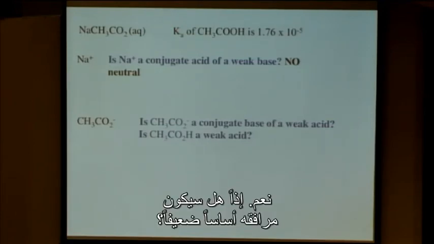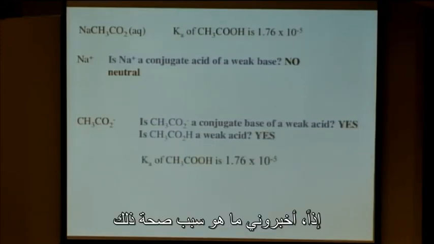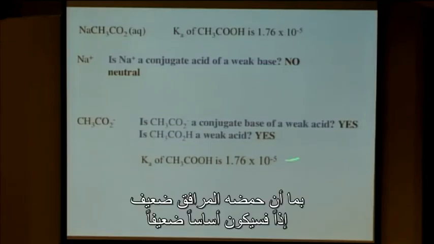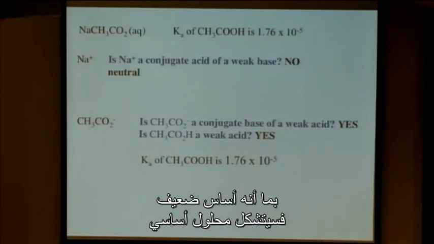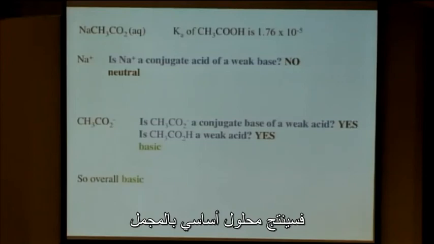So is its conjugate going to be a weak base? Yes. So given that information, we can say yes. So its conjugate acid is weak, so then it would be a weak base. So if it's a weak base, then it'll be basic in solution. And we have something that's neutral plus basic, so overall, you get basic.